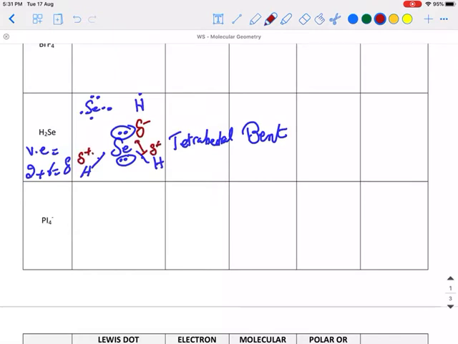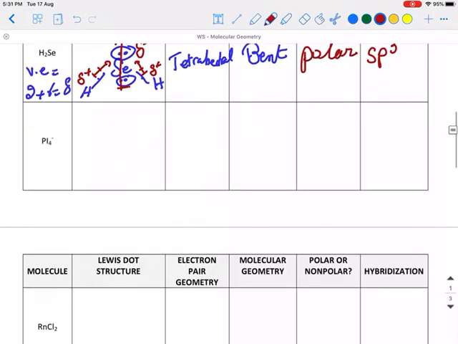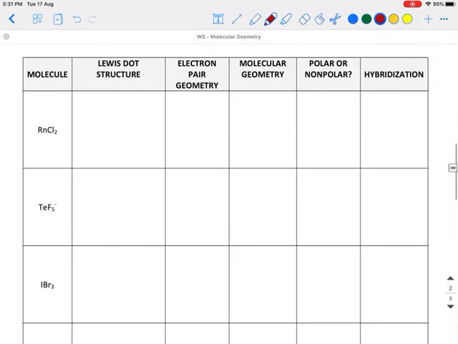Selenium is more electronegative than hydrogen. The arrows are drawn like this. The resultant of these 2 arrows points upward, with nothing to cancel it. So the net dipole moment is not 0, so it is polar. Selenium is surrounded by 4 electron clouds, so the type of hybridization is sp3.